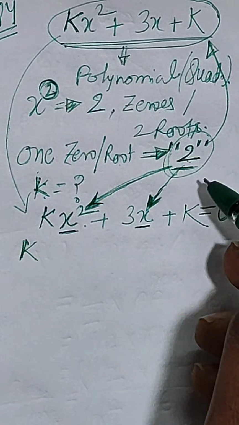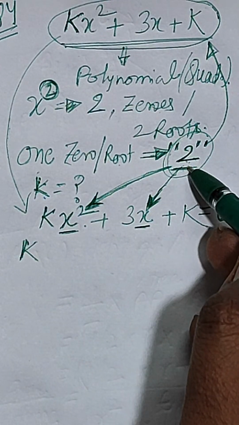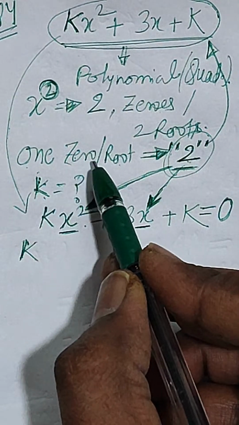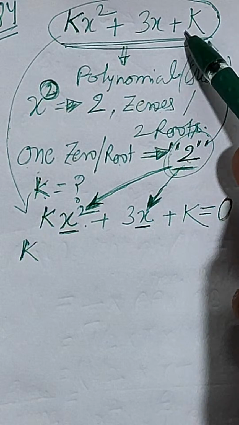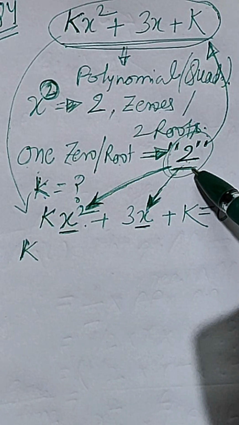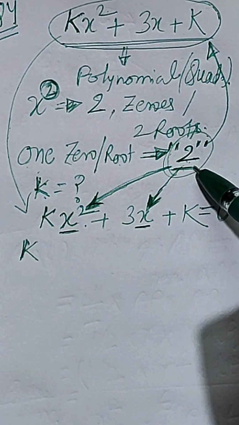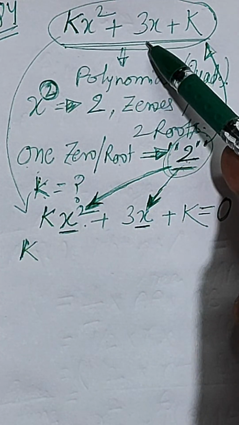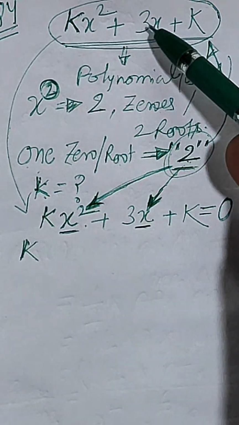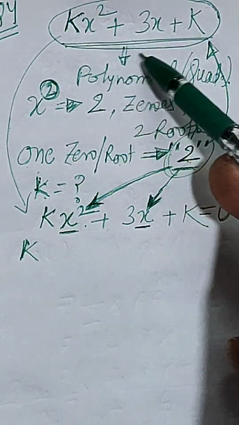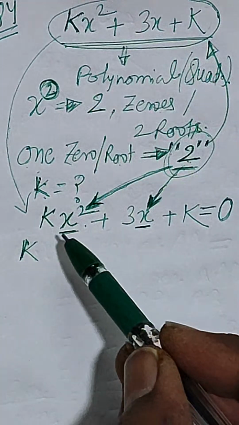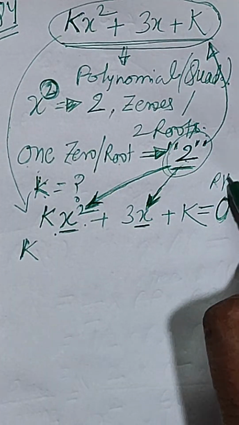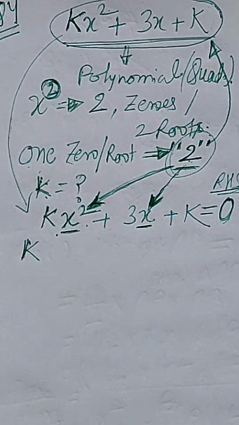Why can we put it? Because in the question it has been given that one of the zeros or roots of this quadratic polynomial is 2. If 2 is one of the zeros, then definitely it will satisfy this polynomial. And when you put this value, this entire quadratic polynomial will be equated to 0. That's why I put 0 into the RHS, right?